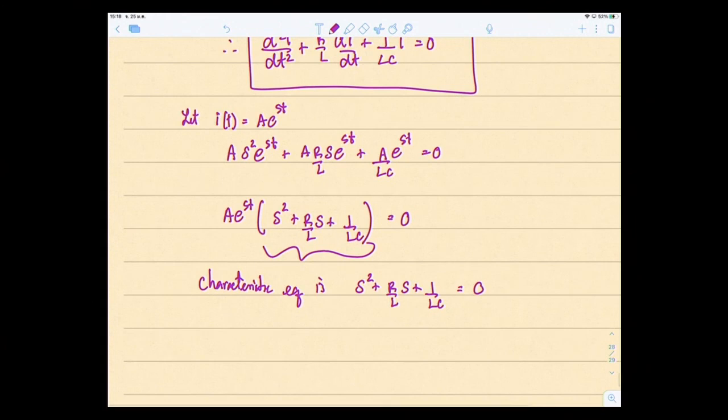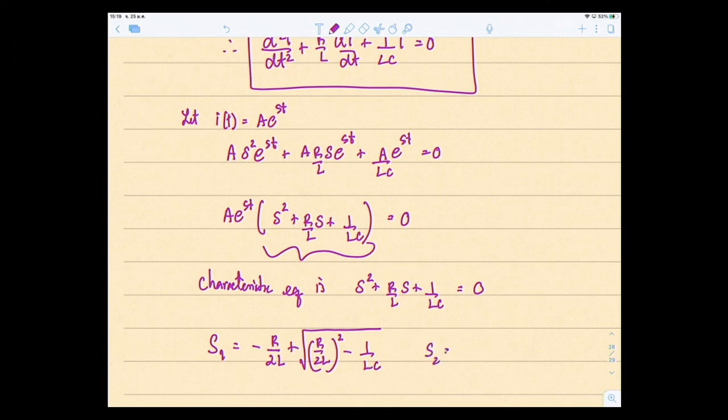Okay. And using the formula from your algebra class, my S1 is minus R over 2L plus square root of (R over 2L) square minus 1 over LC.